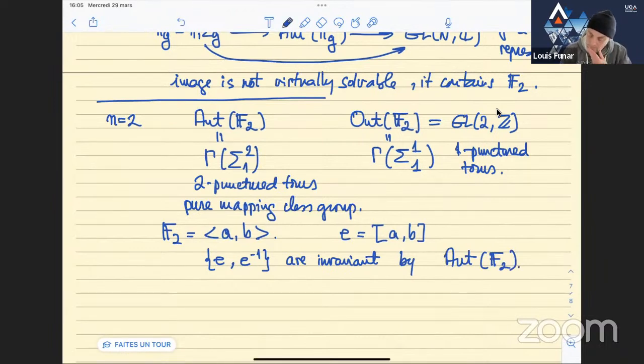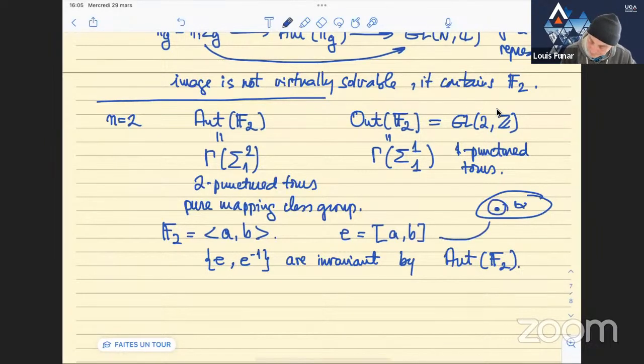This is the analog, of course, of the peripheral loop around here. So this class is invariant, and it can be reversed by an element of the automorphism group, because this is the way the automorphism is changing the orientation, corresponding to homeomorphisms which are changing the orientation of the torus. So this is the right invariant.